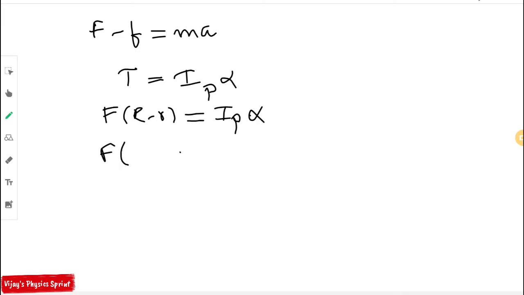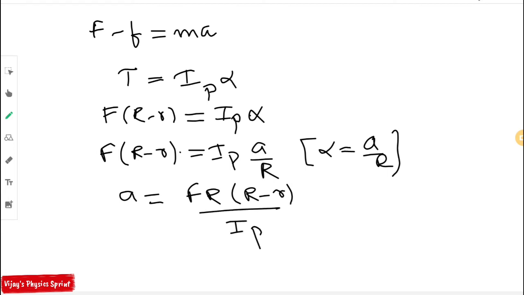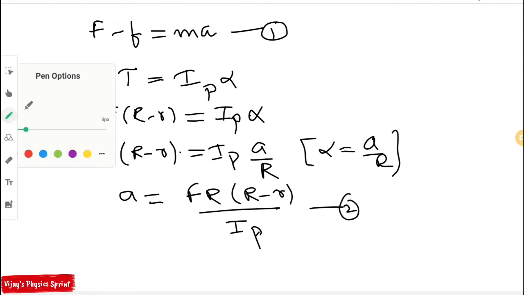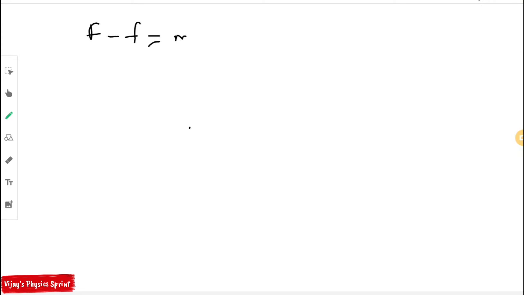From this I write the value of alpha. Alpha is nothing but linear acceleration divided by the radius. So the acceleration a is F(R minus r) R by Ip, say this is equation 1 and this is equation 2. Substituting equation 2 in equation 1, we get the value of friction, that is F minus f is equal to ma.